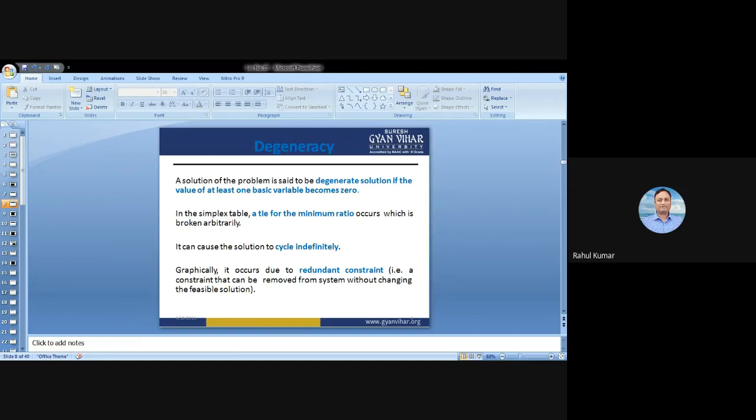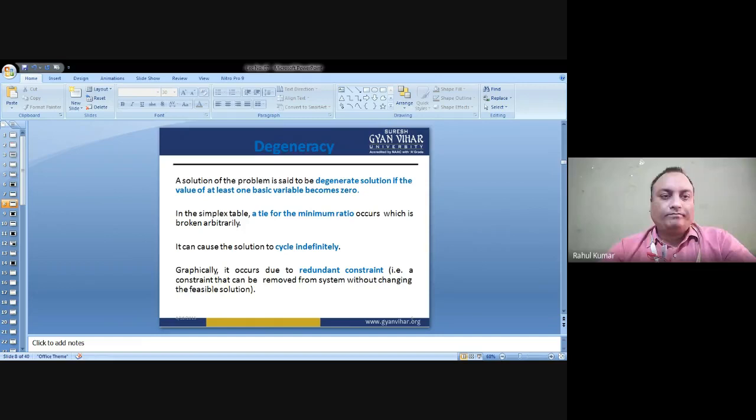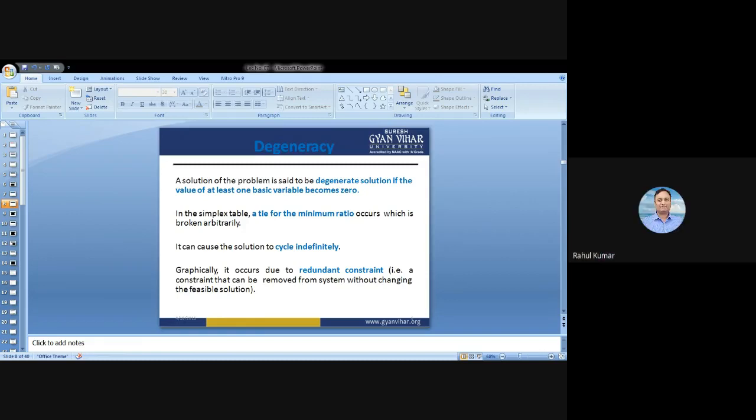Graphically, it occurs due to redundant constraints. That is, a constraint that can be removed from the system without changing the feasible solution, right?